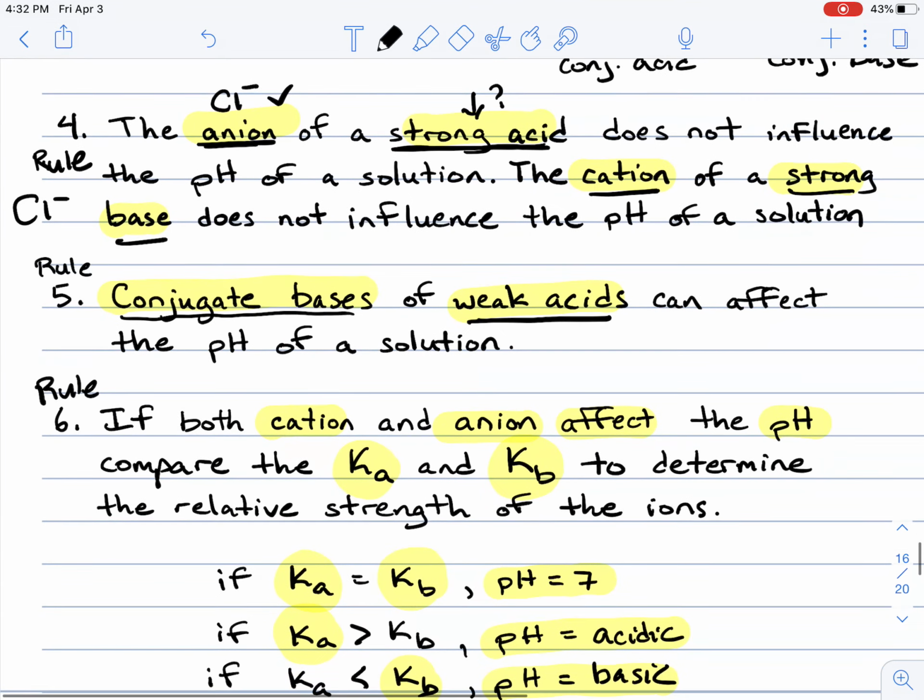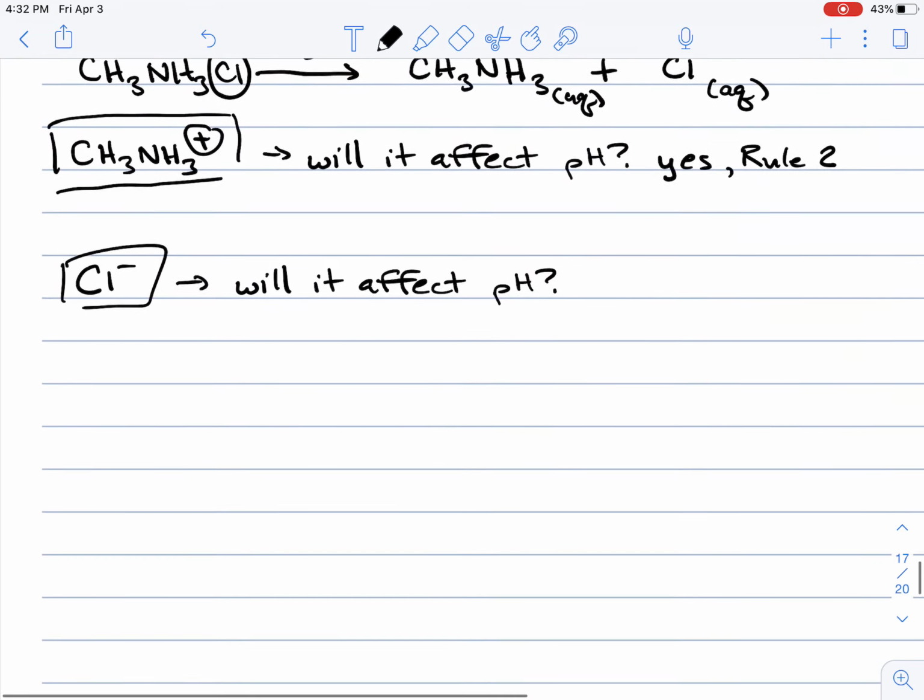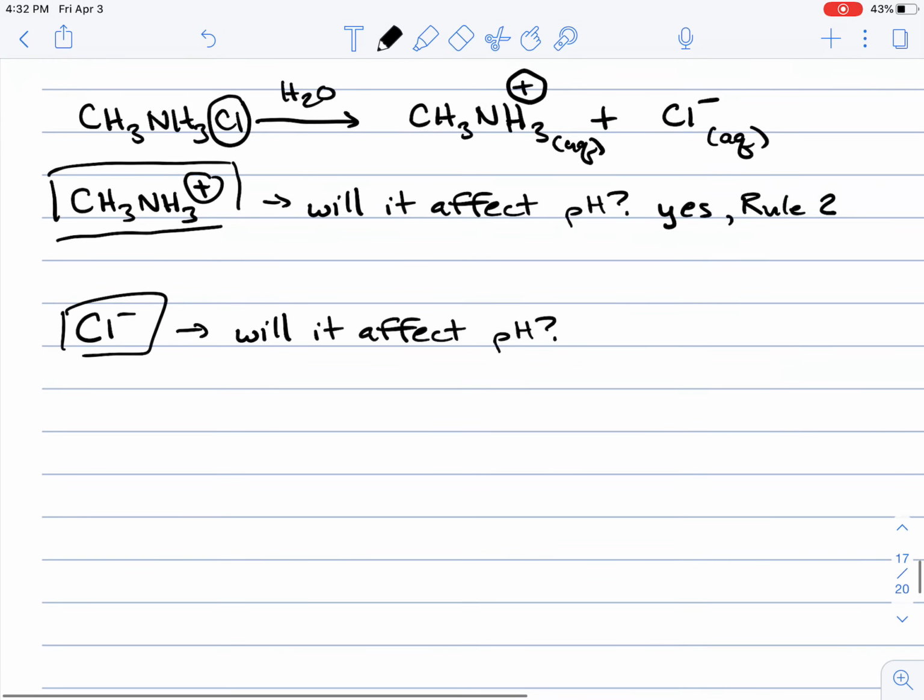So I'm going to say yes. Since I have two yeses, I can use rule 4 to justify that Cl- does not influence the pH of the solution. After all of that work, we finally concluded that no, Cl- does not affect the pH of the solution, and we used rule 4 for our justification.